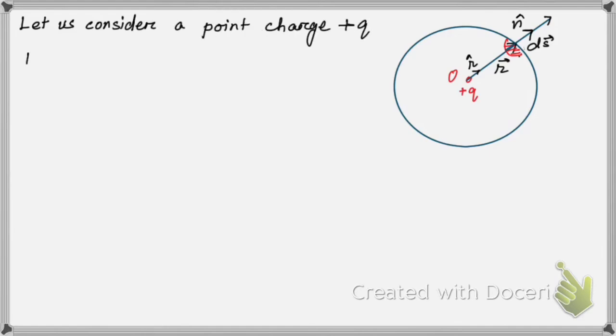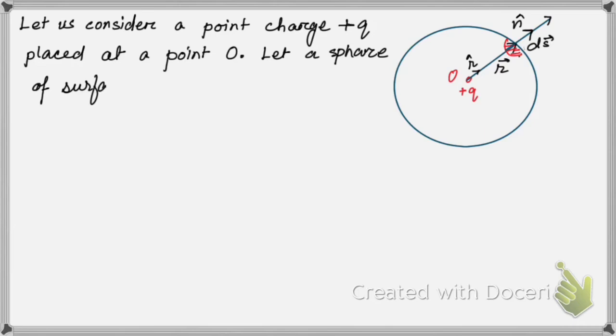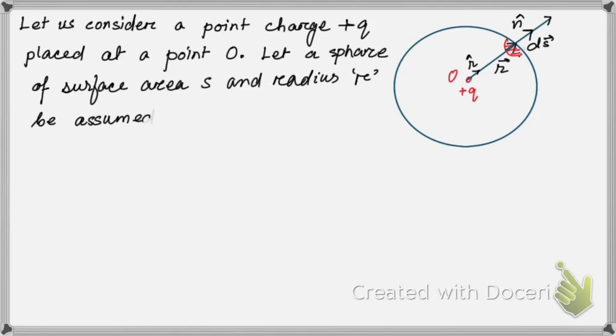Let us consider a point charge Q positive placed at the point O. Let a sphere of surface area S of radius r be assumed. So we have assumed this spherical Gaussian surface whose total surface area is S and radius is r, and here we will assume a point P on this surface. I will come to this later.